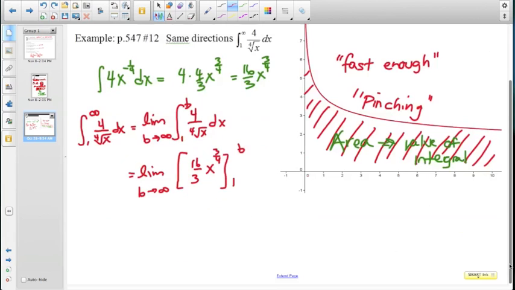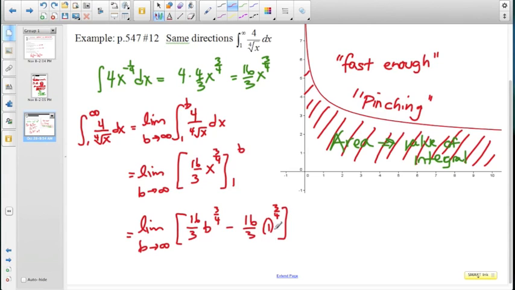And so if we evaluate that, then we get the limit as b goes to infinity of 16/3 b to the 3/4 minus 16/3 and 1 to the 3/4 power. And of course 1 to the 3/4 power is just 1.